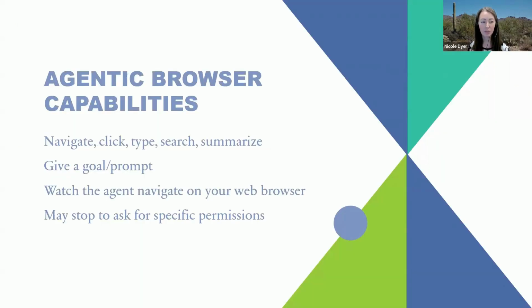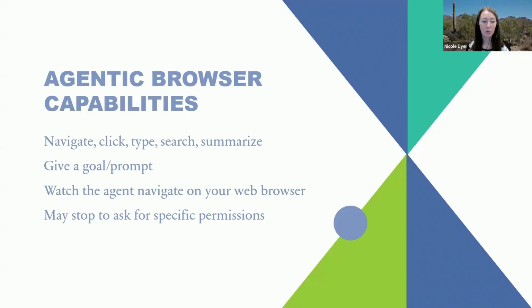Let's start by going over what agentic browsers are and what their capabilities are. They are AI tools that can navigate, click on a website, click a button, type into fields, type things into documents, and search databases on websites. They can summarize things.